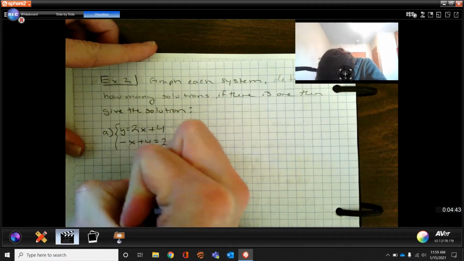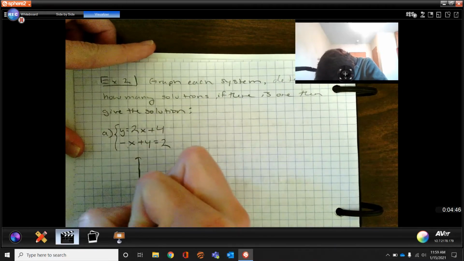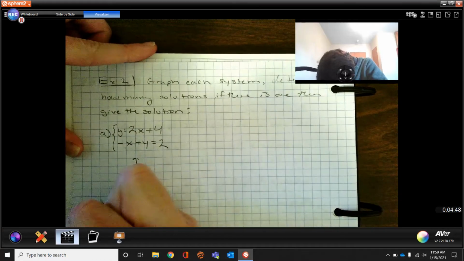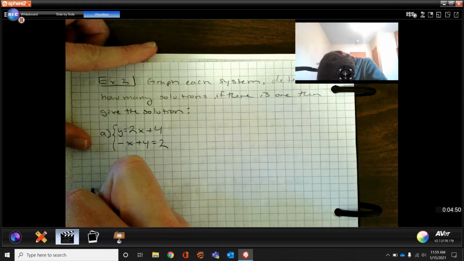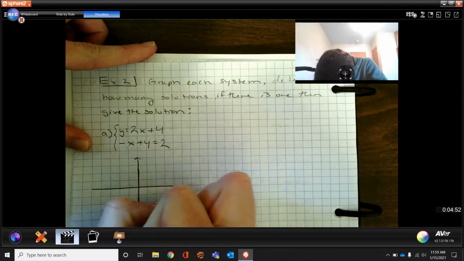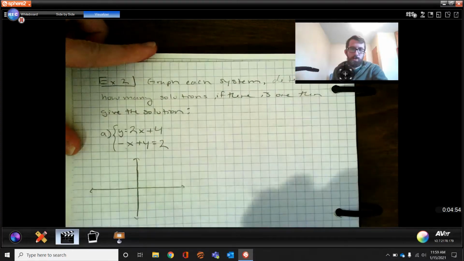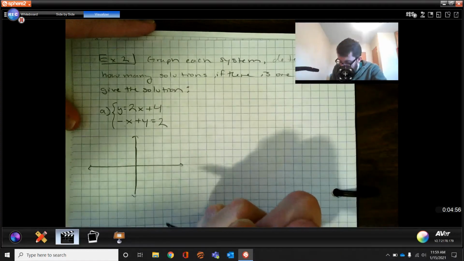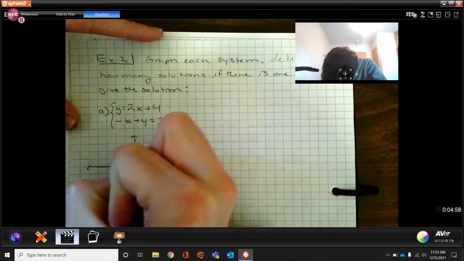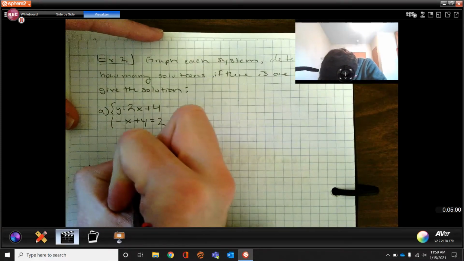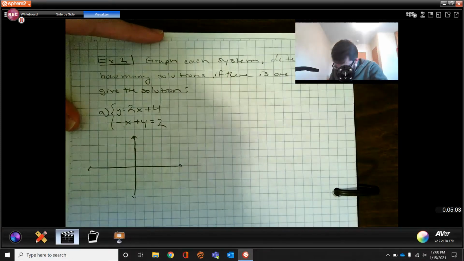I'm just going to go by ones. I think that is going to be the best way to do this. So let's go ahead and graph that first one, 2x plus 4. That's going to be a y-intercept of 4: 1, 2, 3, 4, and then a slope of 2.